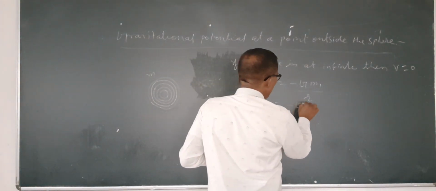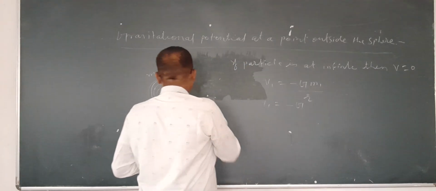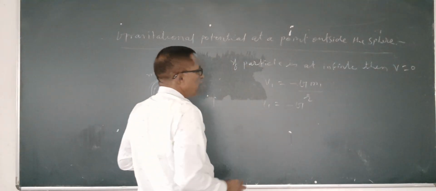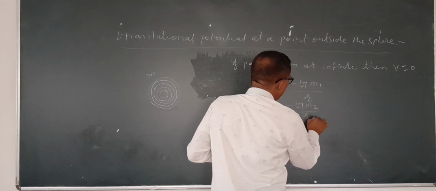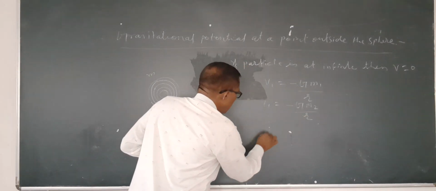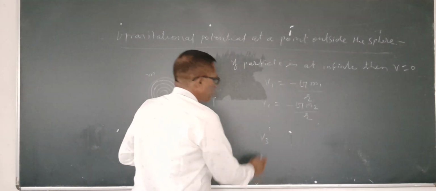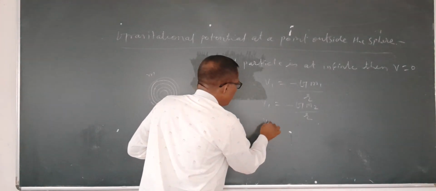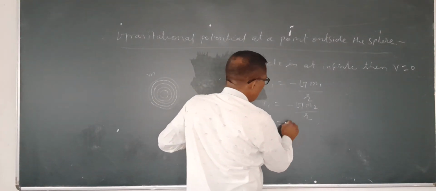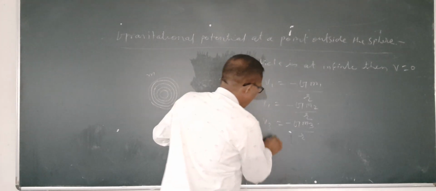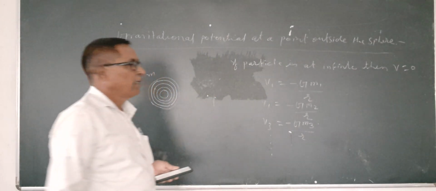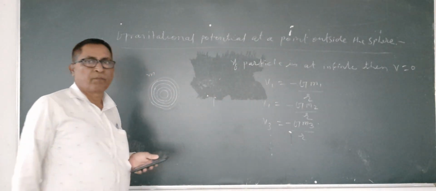The potential due to the second cell on particle P is minus G into M2 upon R, and V3 equals minus G into M3 upon R.